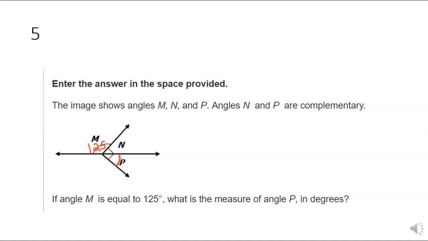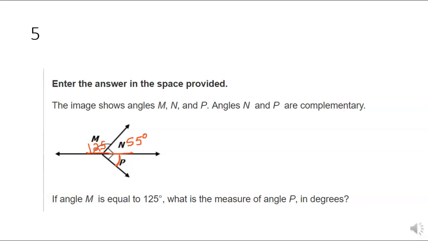So I'm going to have to find angle N before I can find angle P. I can see that angle N and angle M form a set of supplementary angles, so they're going to add up to 180. I'm going to find angle N by subtracting. I'll put in my calculator 180 minus 125, and I'll get that angle N is 55 degrees.